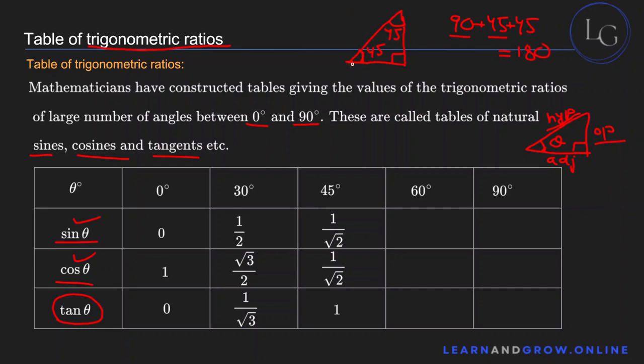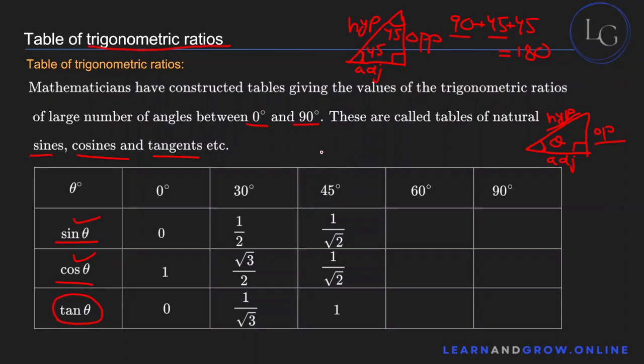And the adjacent in this case will equal the opposite side, right? Because the angles are equal. So this side and this side are equal, and so you're just left with the hypotenuse.